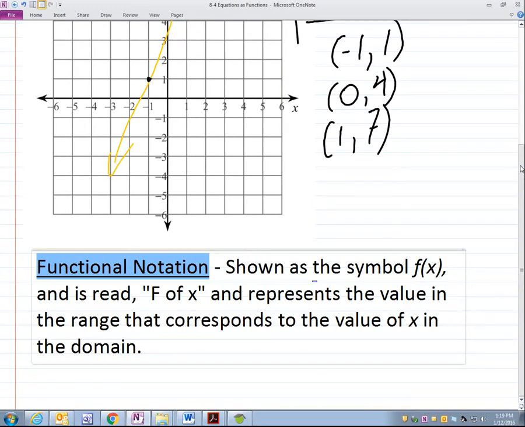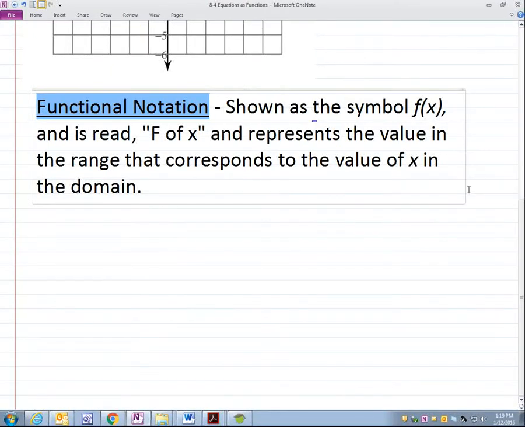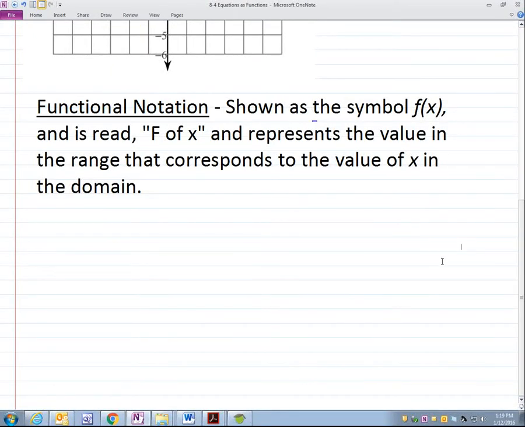I'm going to move it up a little bit so you guys in the back can see it better. As a symbol, f of x is read "f of x" and represents a value in the range.